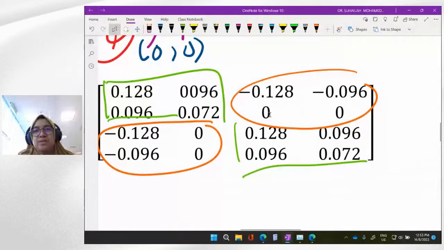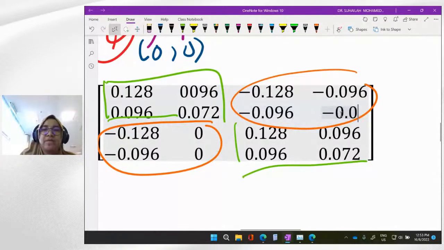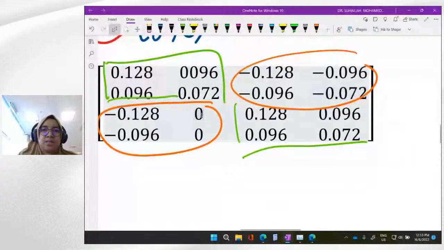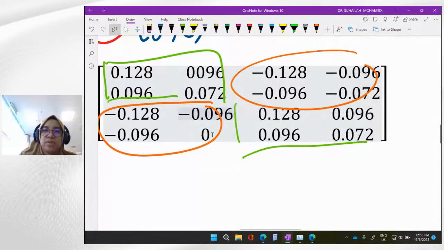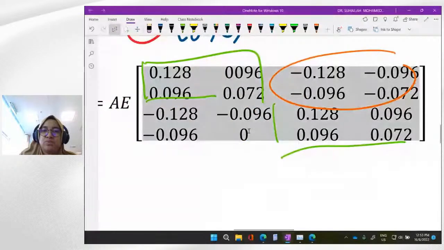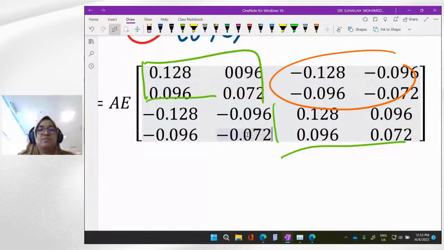So this one we get negative 0.096 and negative 0.072. So this is negative 0.096 and negative 0.072.